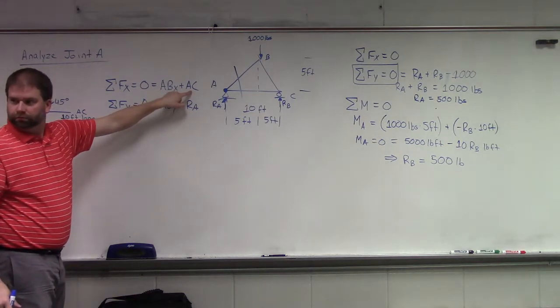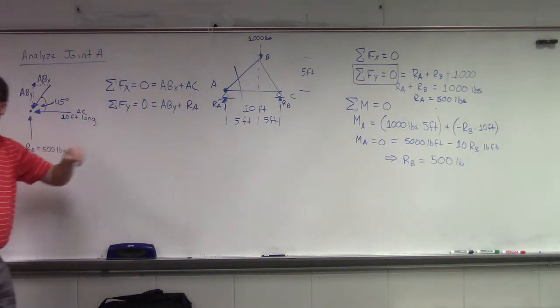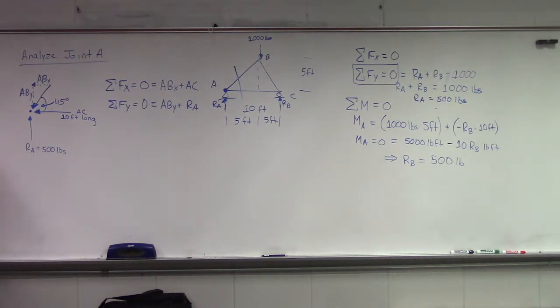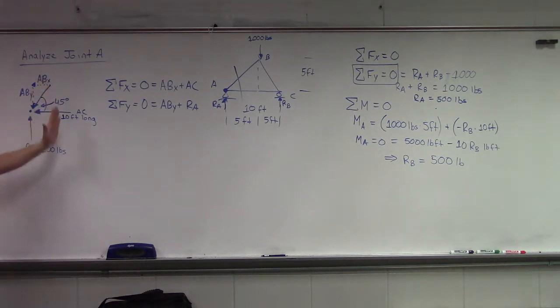Why would there be any Y on AC? Because it's only reacting in the X direction. Now, if we're not at equilibrium and there are Y forces acting on AC, what is AC going to do? It's going to rotate our truss out of equilibrium.